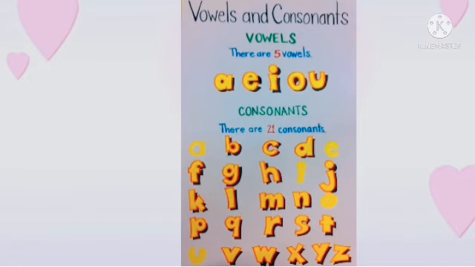The letters written in light yellow color are vowels like A, E, I, O, U. And other sounds like B, C, D, F, G, H, J, K, L, M, N, P, Q, R, S, T, V, W, X, Y, Z that we can call consonants.